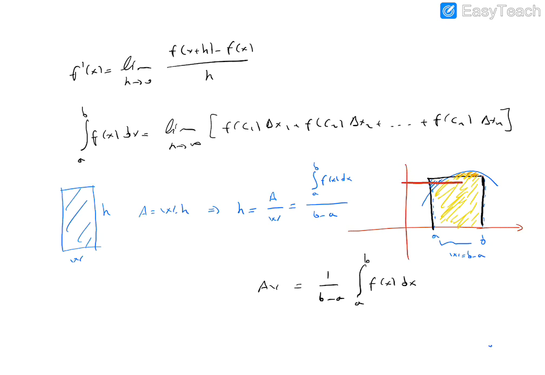For example, this is the H value. So this area exactly equals the yellow shaded region area. This length is H.